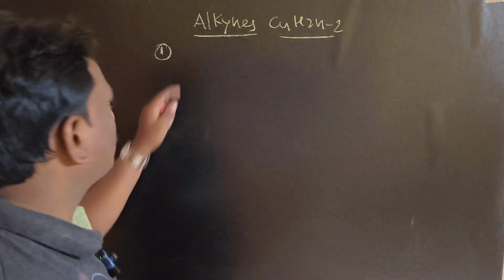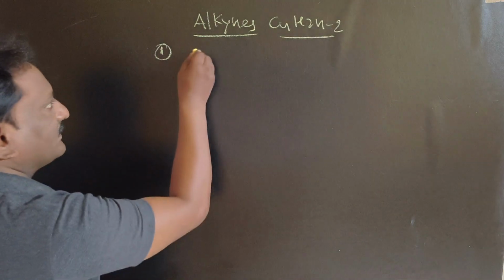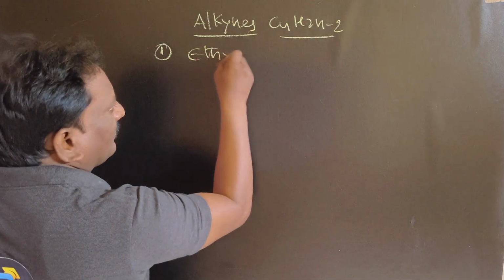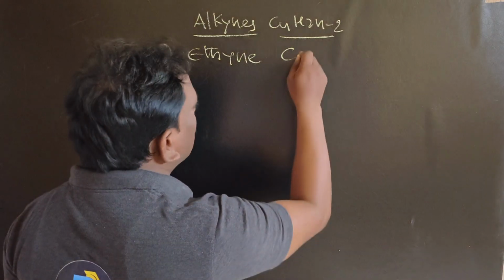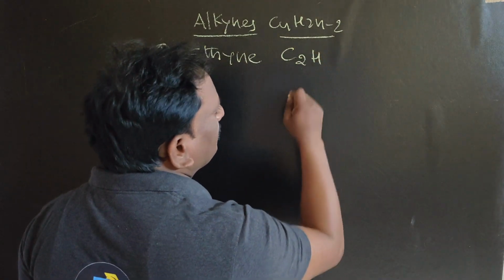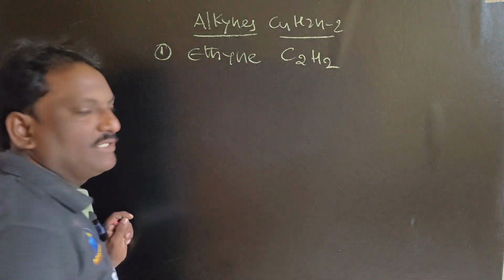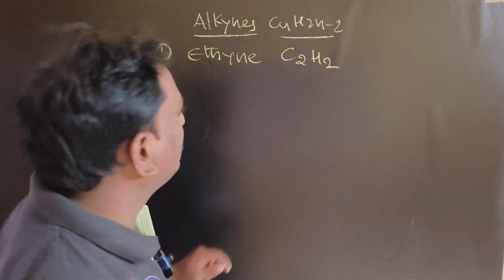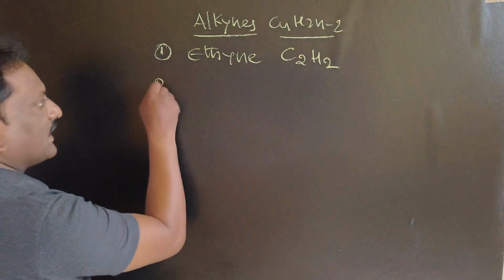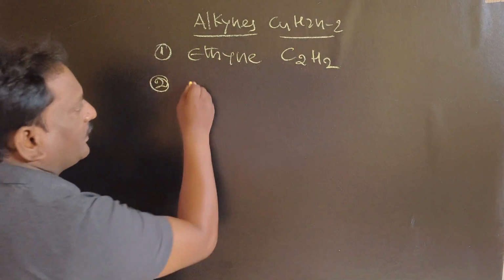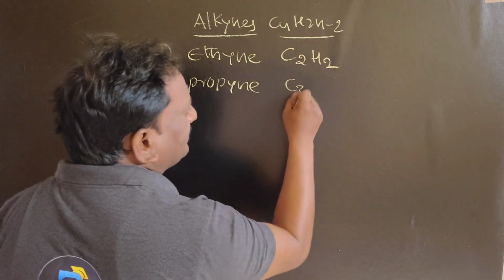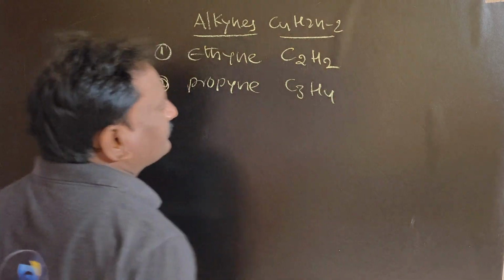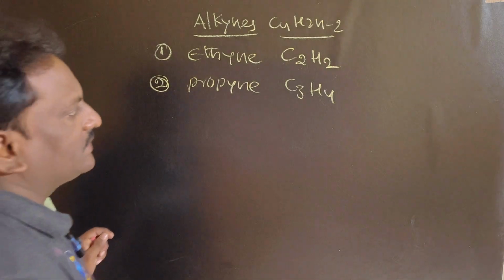The first one is ethyne, formula C2H2. The second member will be propyne, C3H4.